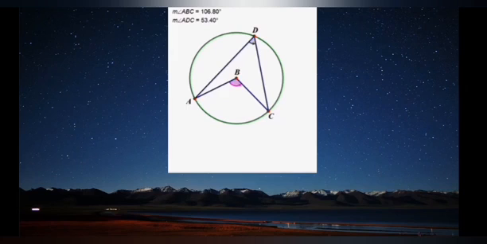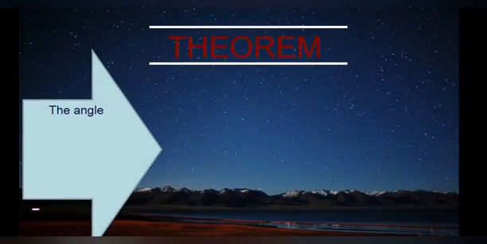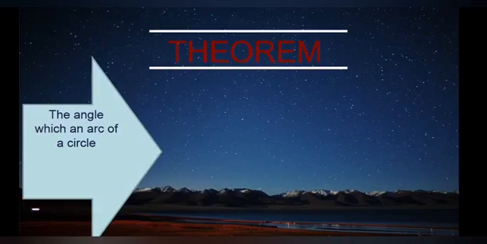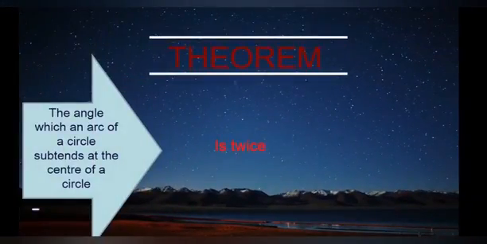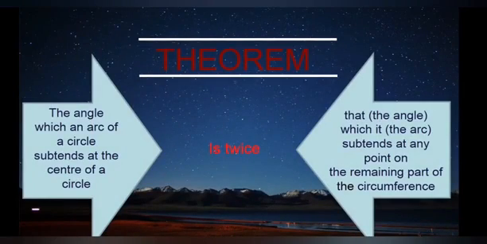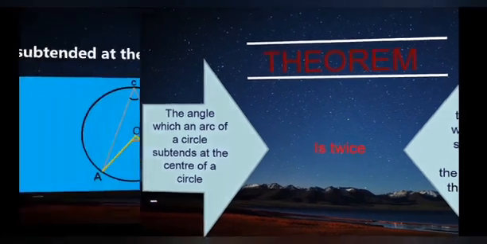So from what we have seen here so far, there is a theorem. And the theorem says the angle which an arc of a circle subtends at the center of a circle is twice that which it subtends at any point on the remaining part of the circumference.